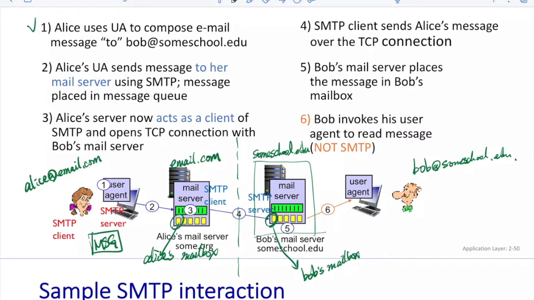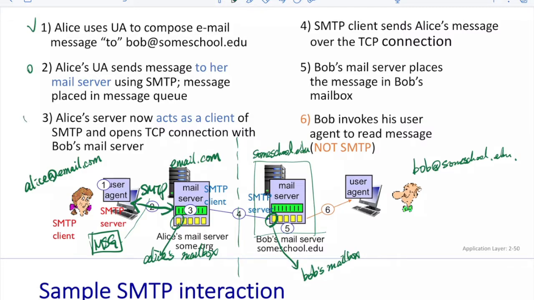The second step is Alice's UA sends a message to her email server using SMTP. So right here, that is SMTP. The message goes to Alice's mailbox and into a queue, because it is waiting to be pushed to the next email server, which is the receiver's email server.